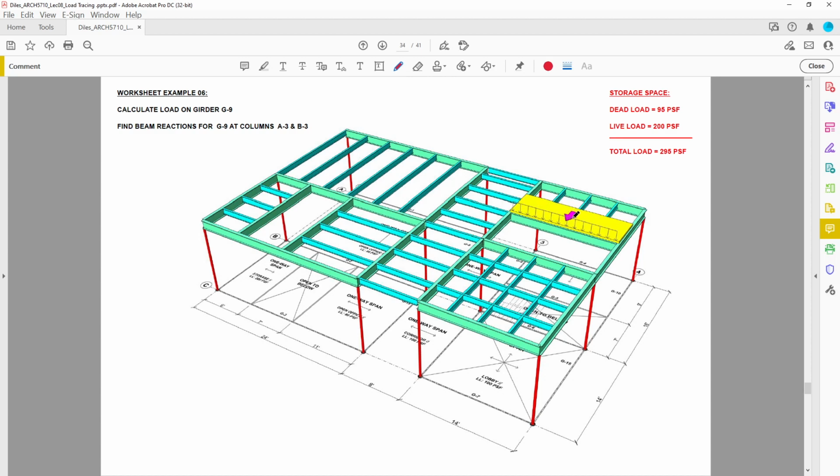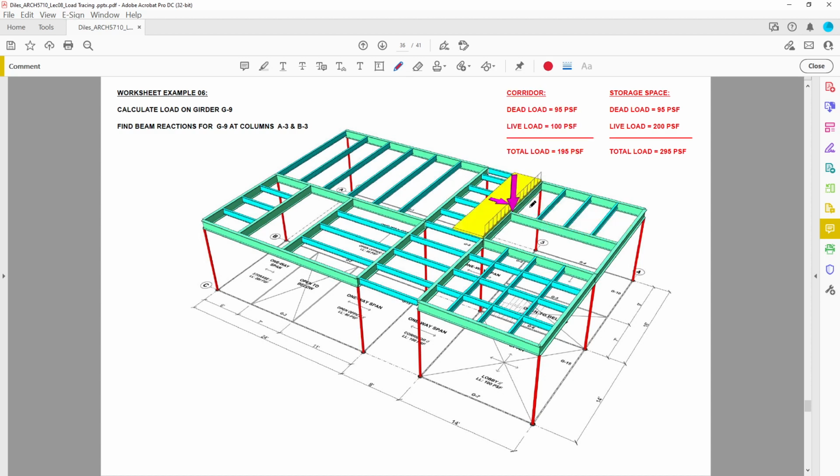So we have this girder here to the top, sorry, G5. So this is G5, and G5 is going to load G9. We're going to have a point load here, because there are no columns under G5.